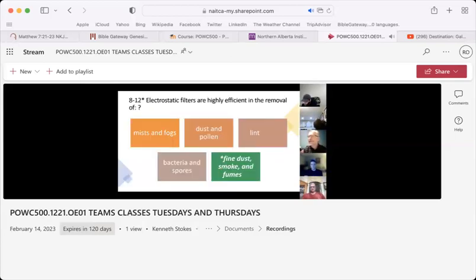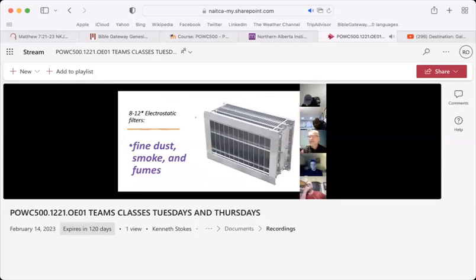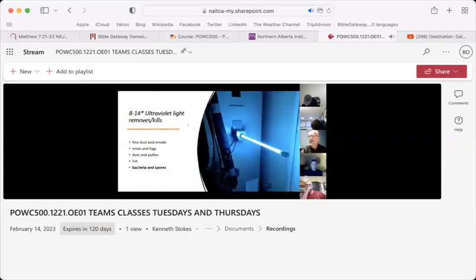Electrostatic, efficient in the removal of the fine dust and smoke and fume. So that's electrostatic. That's charged grid, no filter media. Ultraviolet light, remind me the word, inactivates, deactivates. Deactivate. Deactivates. I'm going to write that down this time.